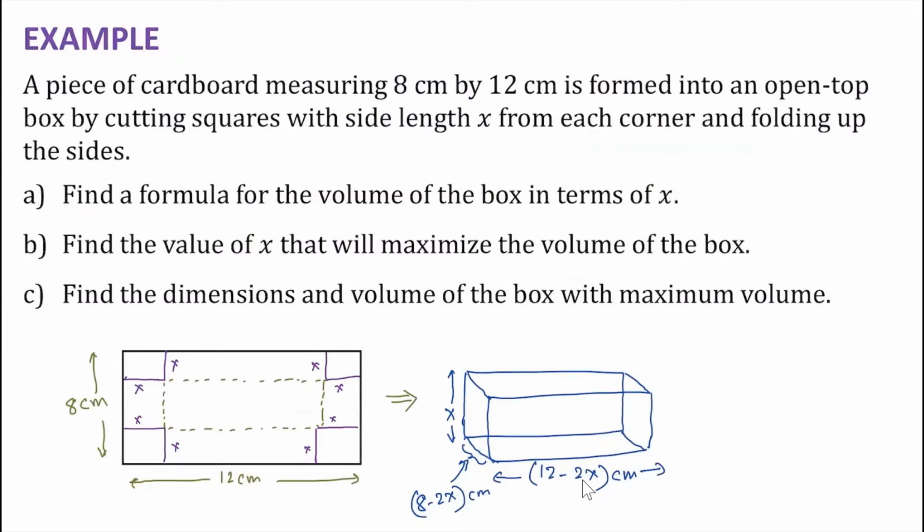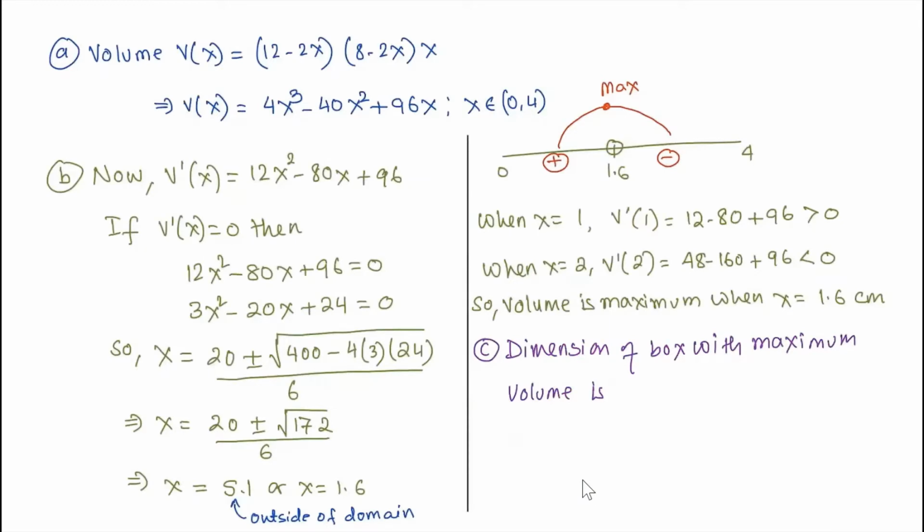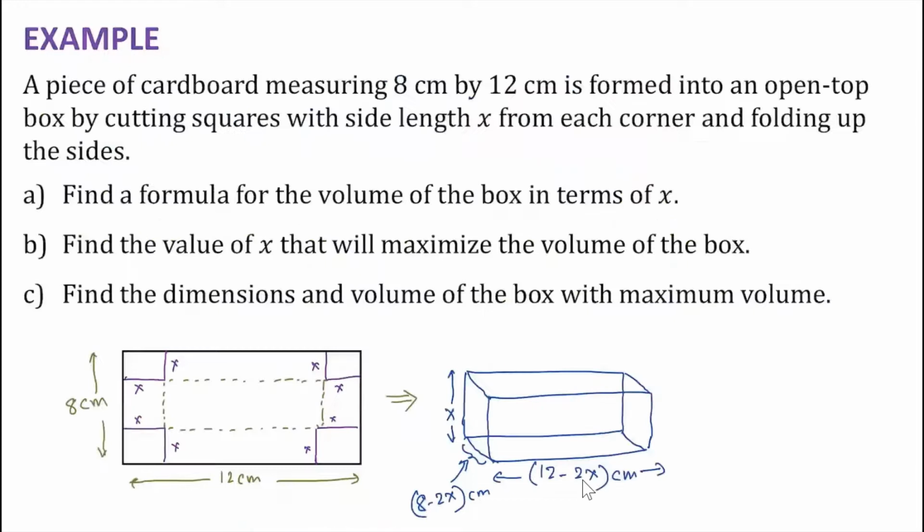If you try that in your calculator, 12 minus 2 times 1.6 should be 8.8. So that is 8.8 centimeter by, the width of the box is 8 minus 2x. So it will be 8 minus 2 times 1.6, which is equal to 4.8 centimeter.